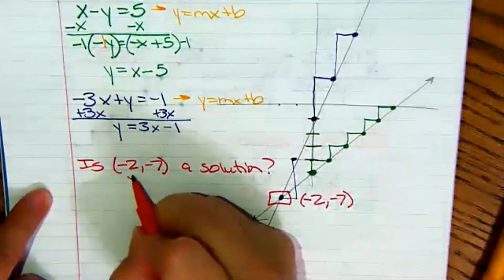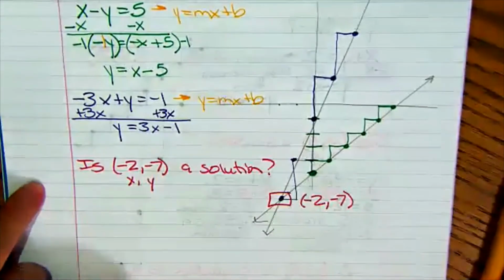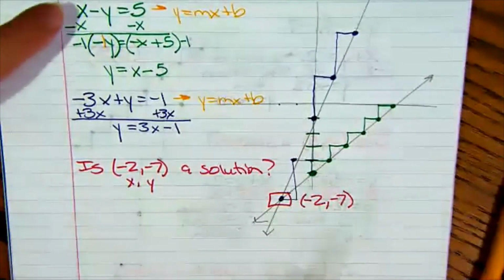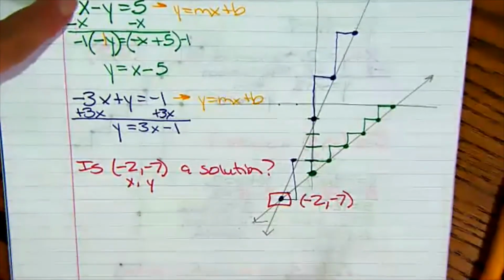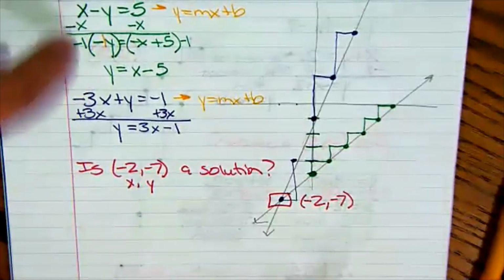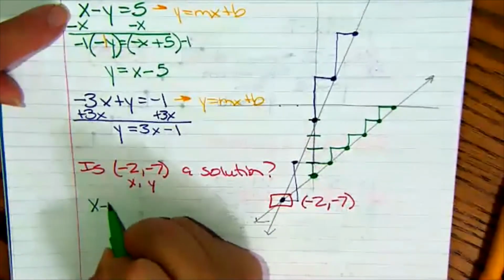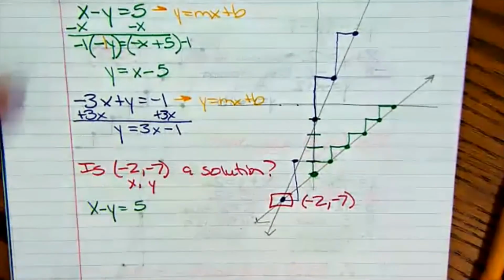So we're going to substitute negative 2 and negative 7 for x and y. Now up here, I can use this equation, or I can use this equation. I will get the same answer either way. I'm going to use this one because it looks like it's easier.